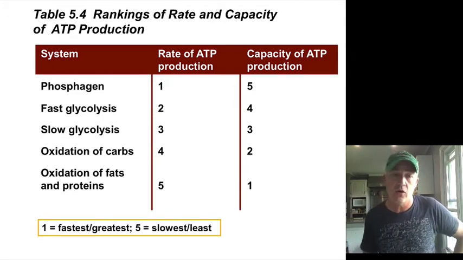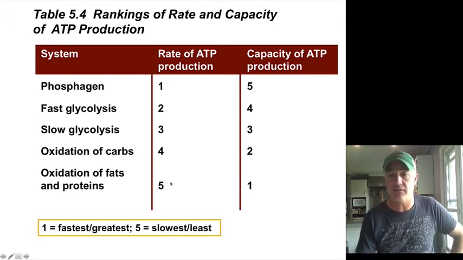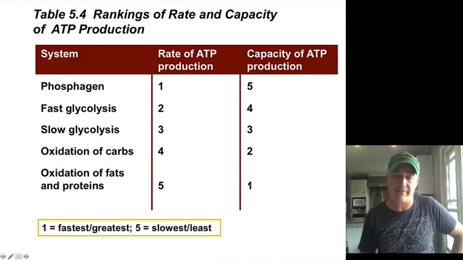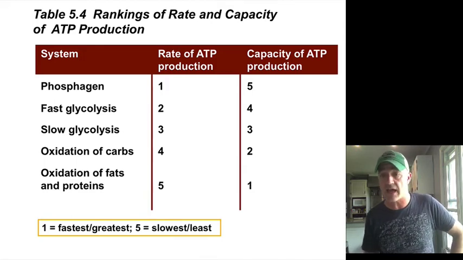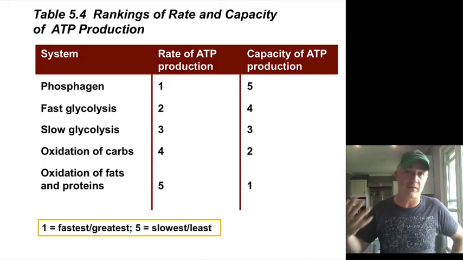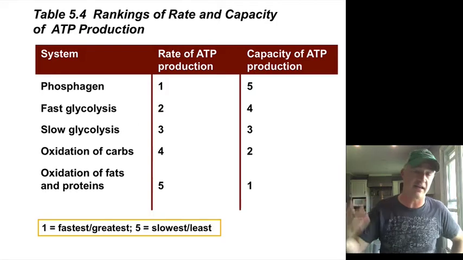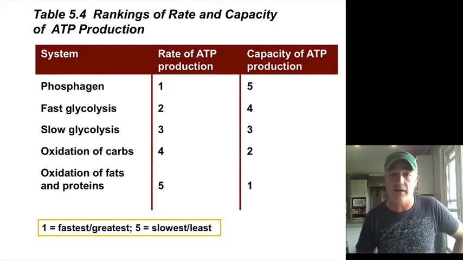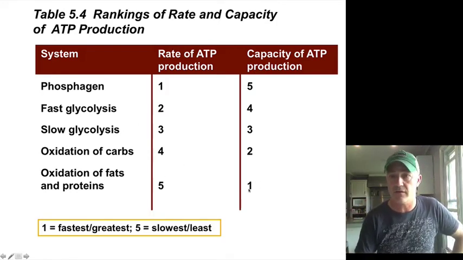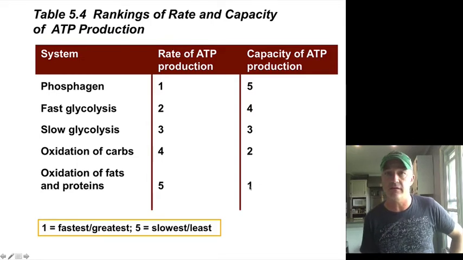Fats and proteins cannot produce ATP quite as fast, but unless you're starving or doing something for days and weeks, the capacity is pretty unlimited in reality.